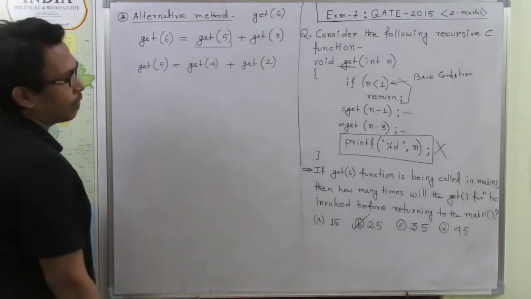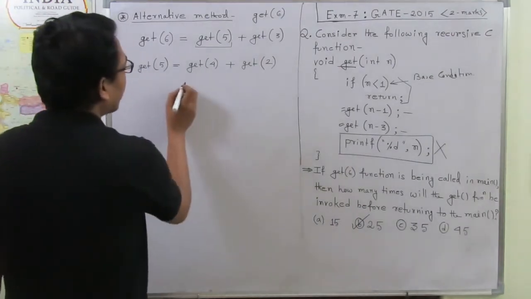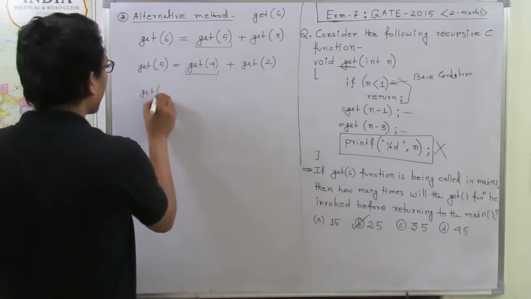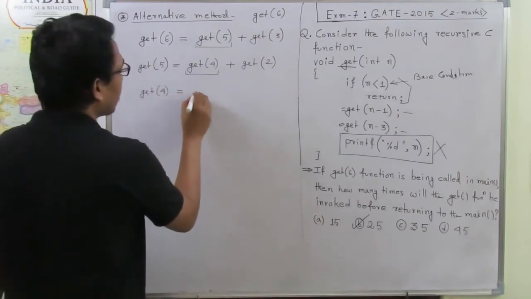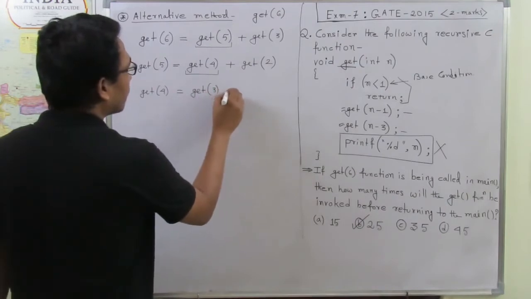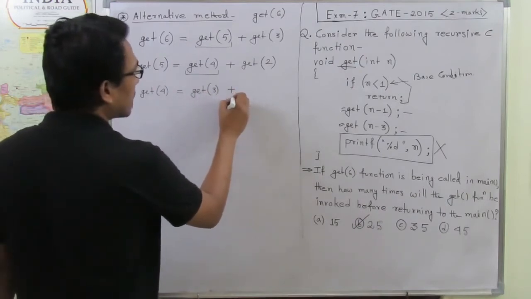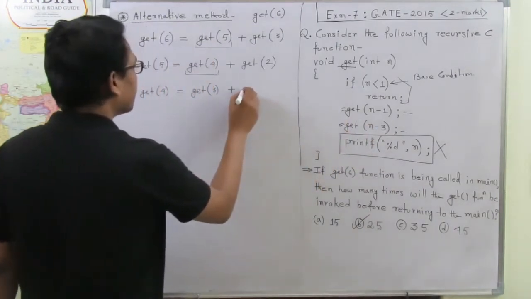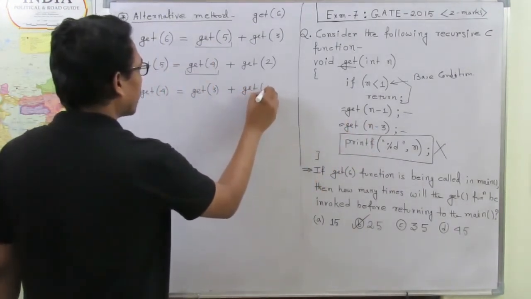Correct? Yeah. Next we have to solve get 4. Get 4 will become get 3 plus get 1.